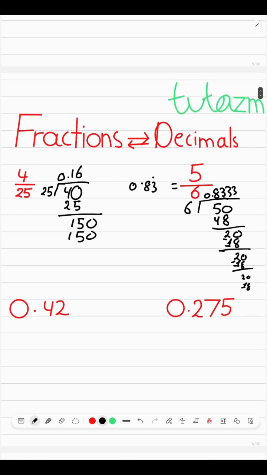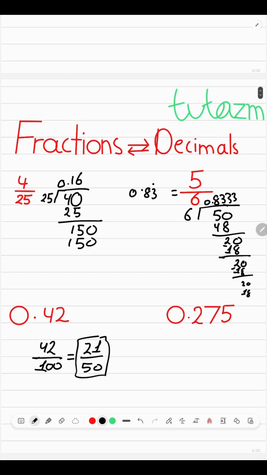So 0.42, we just write it out as 42 divided by 100, because that's what 0.42 is, and then we can just divide top and bottom by 2, get 21 over 50, and that is our final answer. Have a go at converting 0.275 into a fraction.